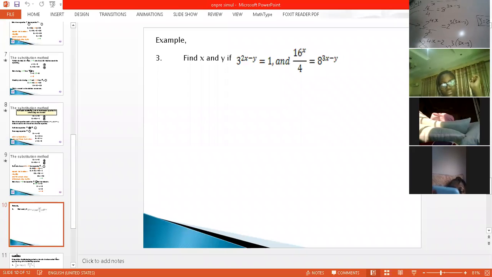So all that you need is to substitute y equals to 2x into this equation. When you do that properly, you have your x to be 2, and you have your y to be 4. You can check it again.